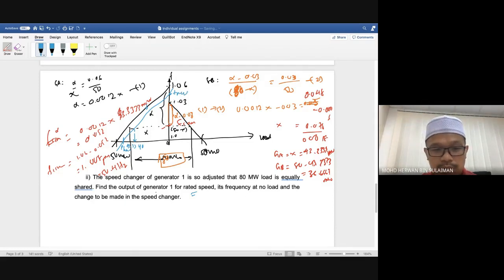Okay. So the information that we know, the slope is similar, right? So you can find your F new divided by this one, right? F new divided by PG new must be equal to the 0.06 divided by 50 megawatts.